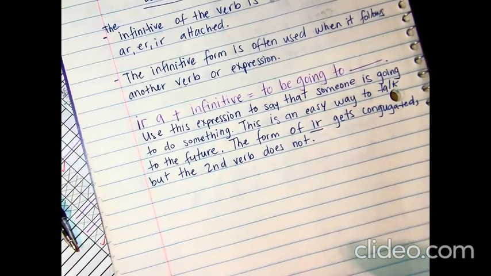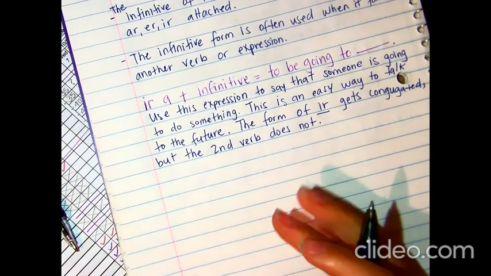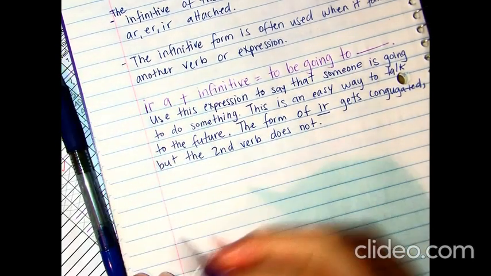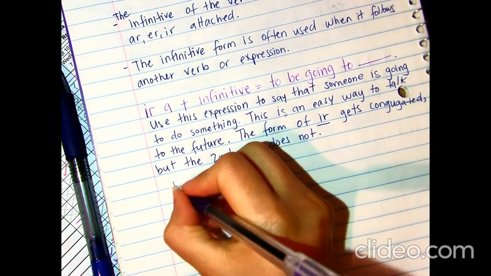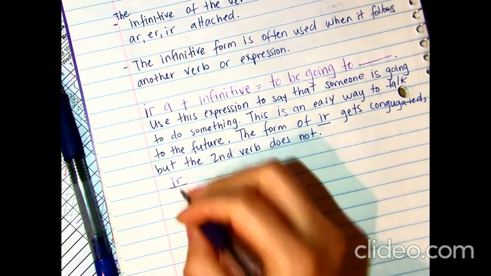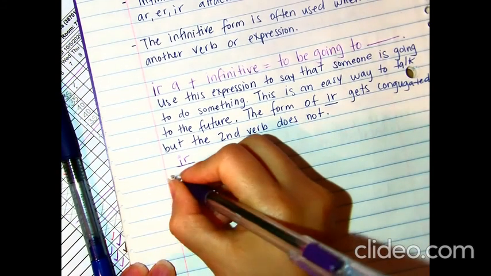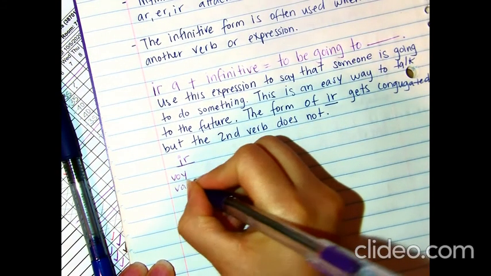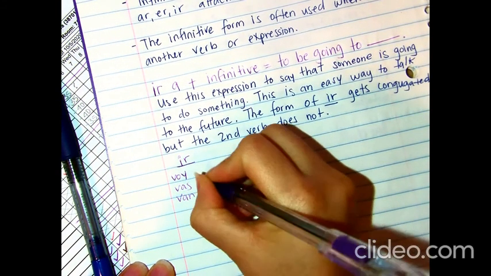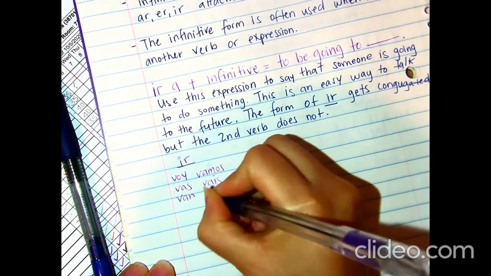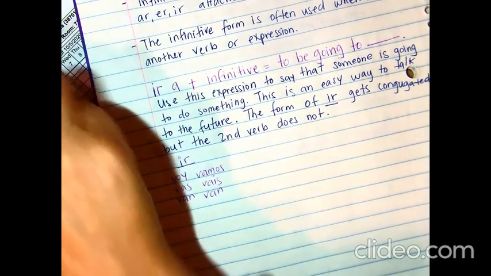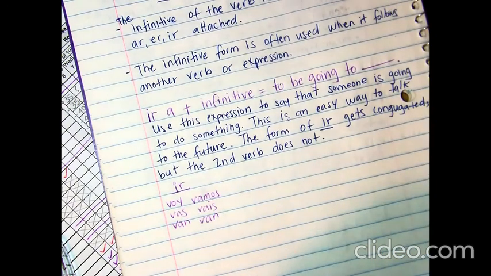Okay? So I'm going to show you how this works. First, let's review a little bit, because I know we all need a little review. The verb ir, what is the conjugation? Voy, vas, va, vamos, vais, van.